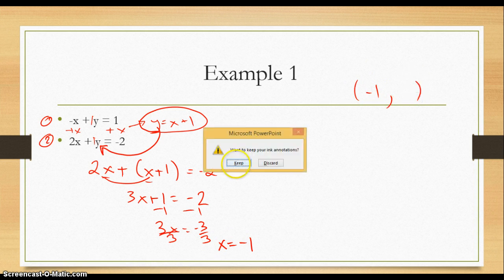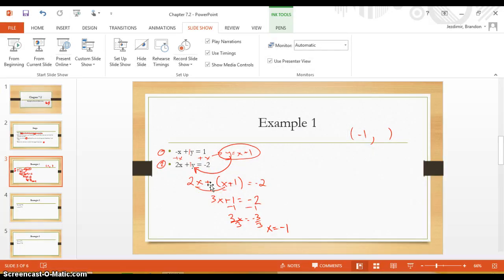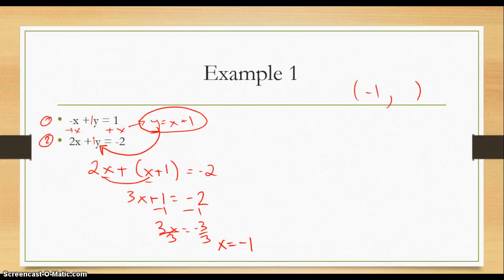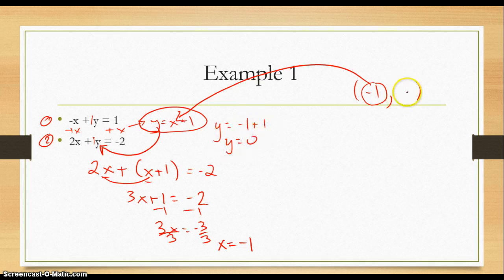So now we take this value, negative 1, and we're going to plug it back into the equation that I created from step 1. So negative 1, plug it in for x, plus 1 equals 0. So y equals 0.